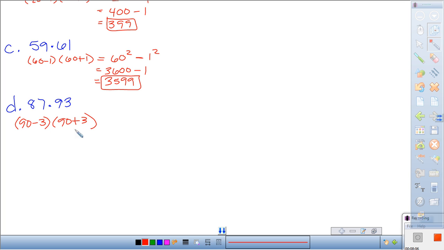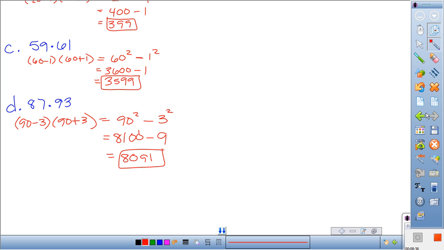Now I've ended up with two binomials with the same two terms, one subtraction, one addition, so I can use my difference of squares rule. 90 times 90, 90 squared, minus 3 squared. 9 times 9 is 81, 0, 0, minus 3 squared, which is 9, and I end up with 8,091.